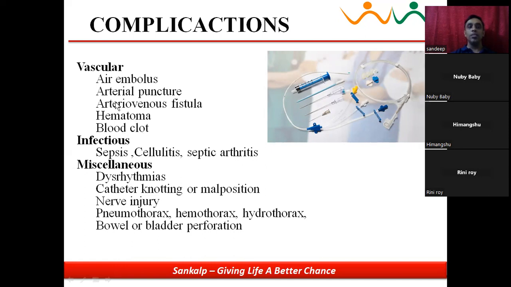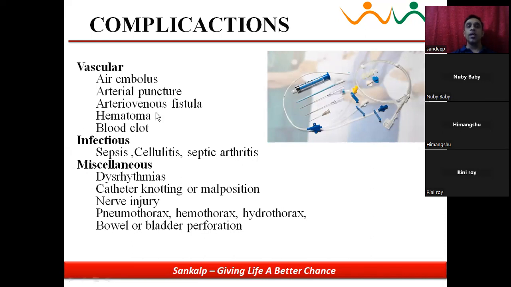Especially in our patients who have undergone Hickman line insertion and have low platelets, such as patients with Fanconi or aplastic anemia, the platelets will be very low. There is a high chance of hematomas and bleeding. We have to closely monitor these, report to the doctors, and take necessary action.